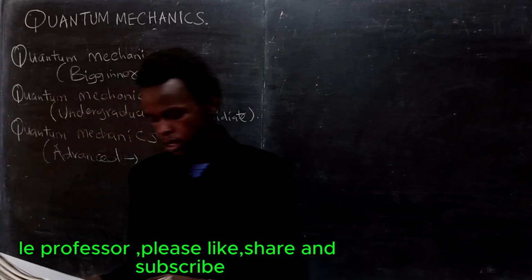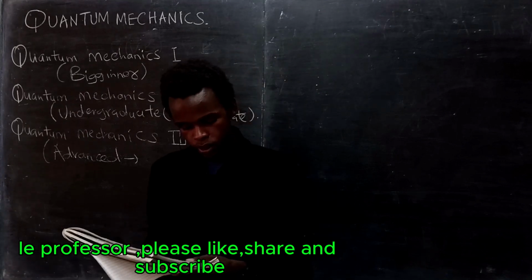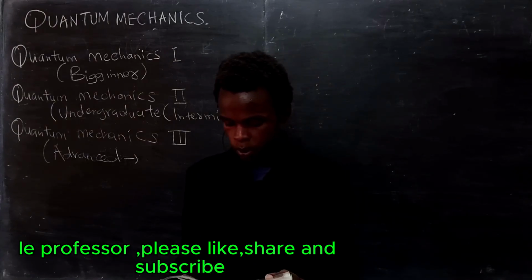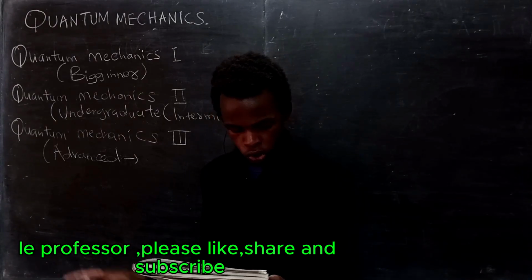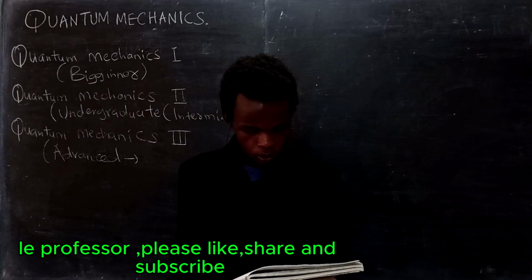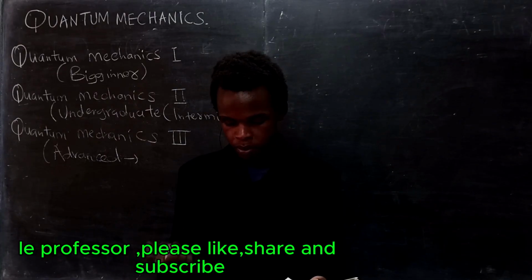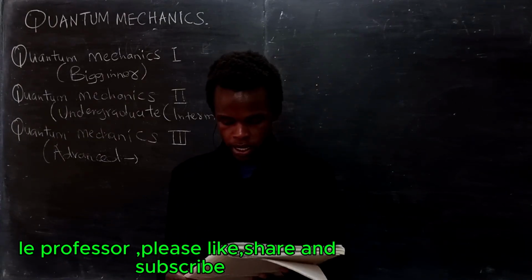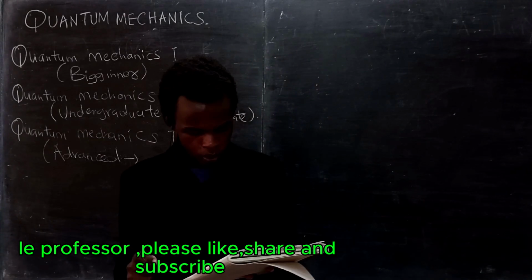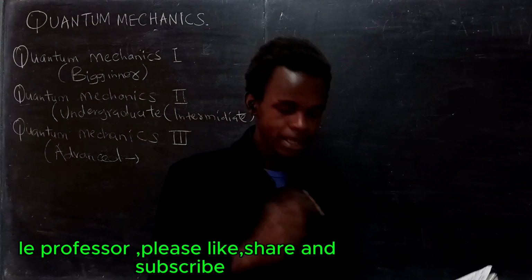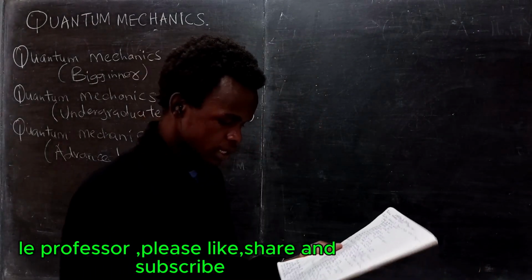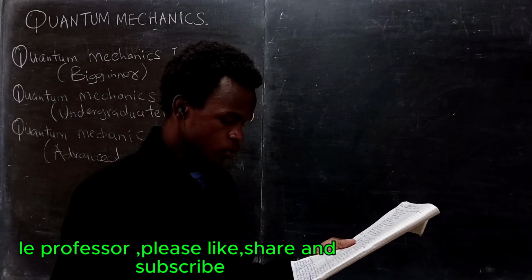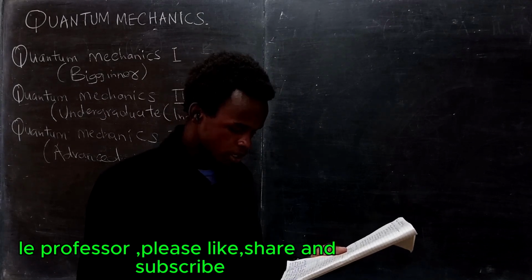In this section, we'll deal with spin, the Stern-Gerlach experiment, identical particles, the Pauli exclusion principle, time-independent and time-dependent perturbation theory, variational principles, the WKB approximation, the Zeeman effect, spin-orbit interaction, addition of angular momentum, scattering, and relativistic quantum mechanics.